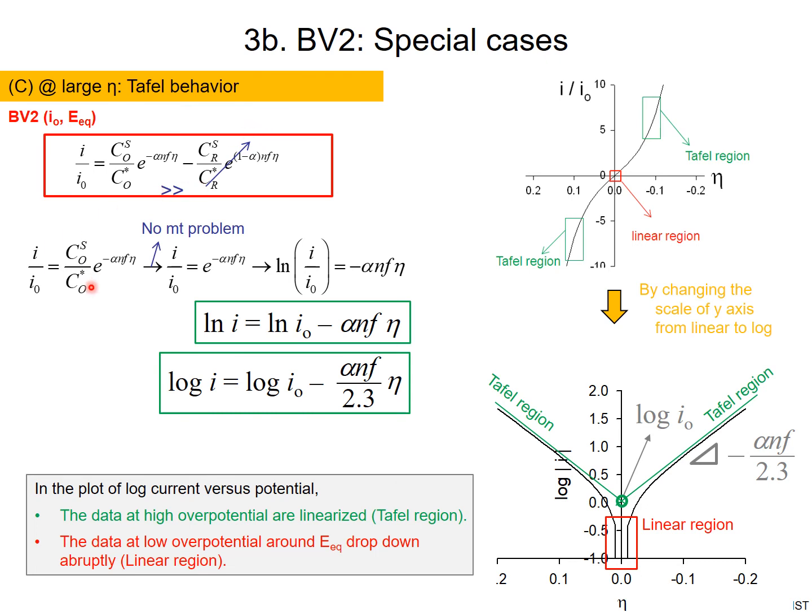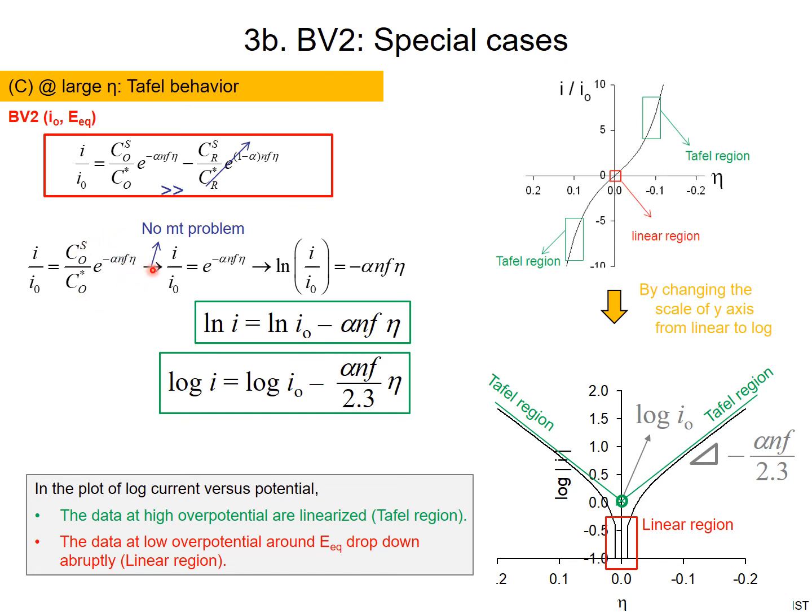Then right now, we could recognize that current is proportional to the exponential function of eta, or potential. It is different from the linear relationship between current and potential. We should think about the exponential function.